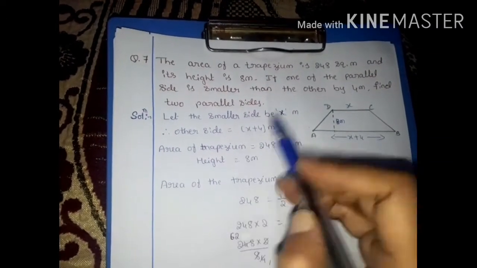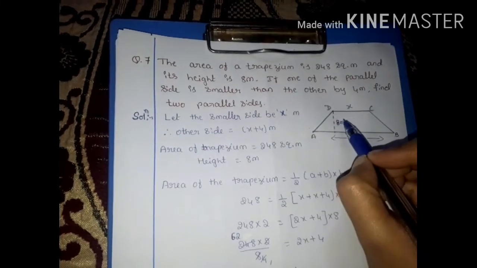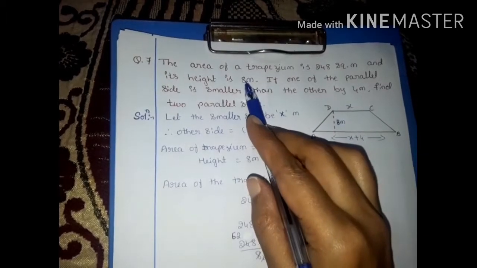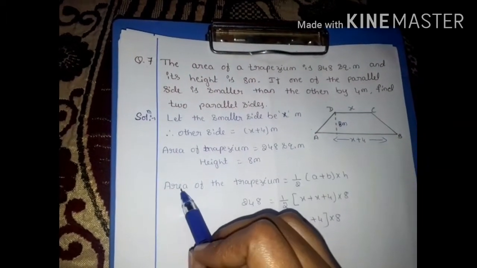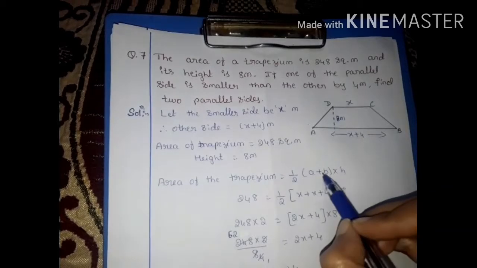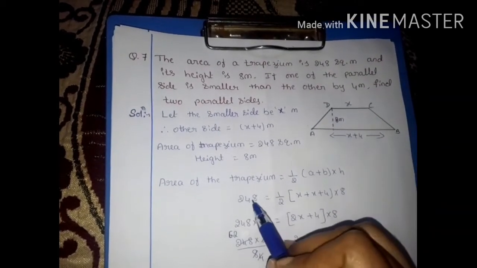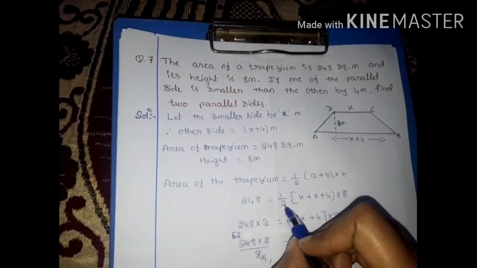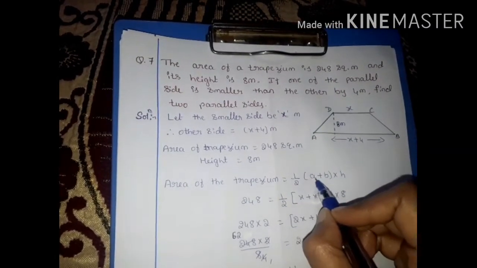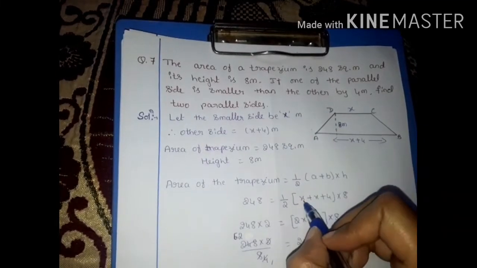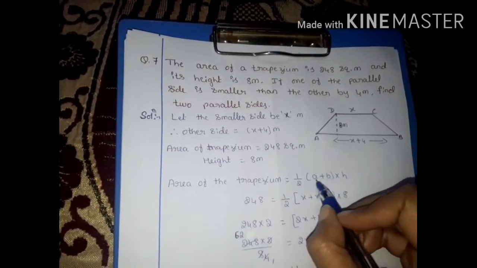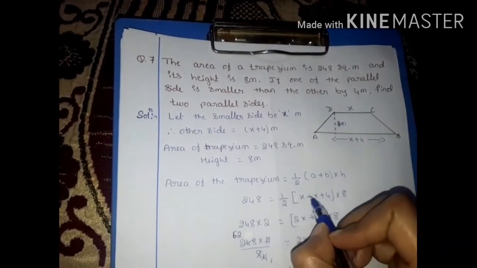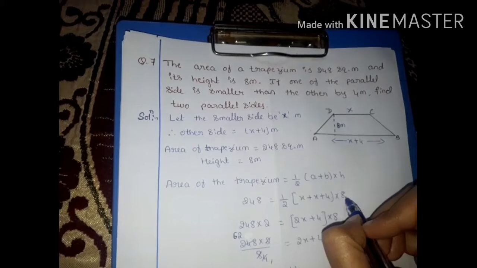Area of trapezium is equal to the complete area given here, 248 square meter. Height given, that is 8 meter. Already we know that area of trapezium is equal to half into A plus B into height. Area of trapezium given 248, substitute: half into A plus B, where we consider one side is x and another is x plus 4, into 8.